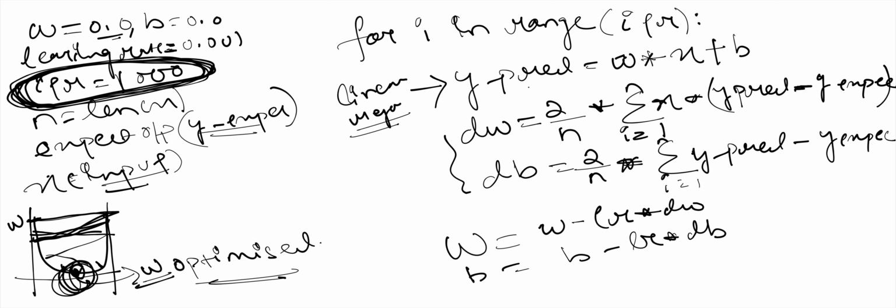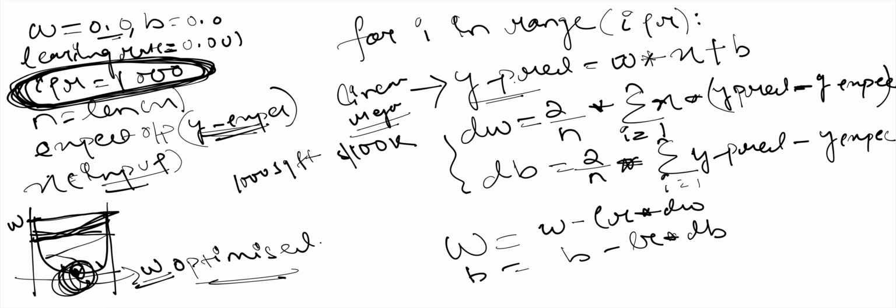Now we predict some values, but not the perfect value in the first go. Suppose in our data set we have a 1,000 square feet house, and in the expected output, we have defined its price to be 100,000.